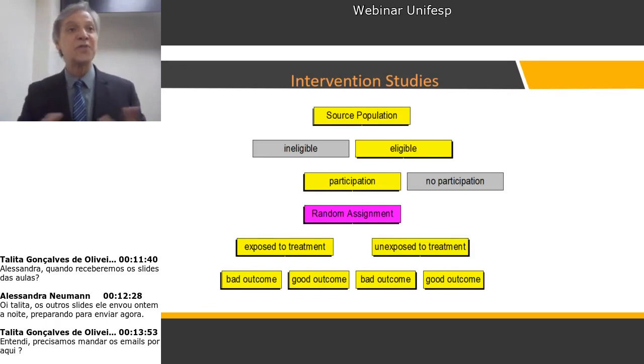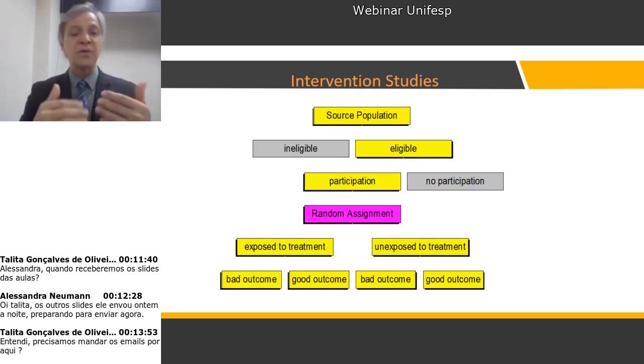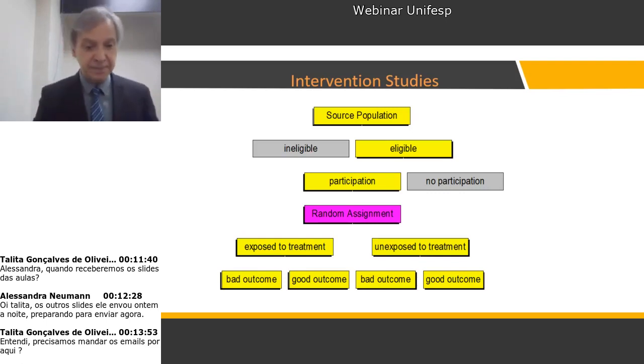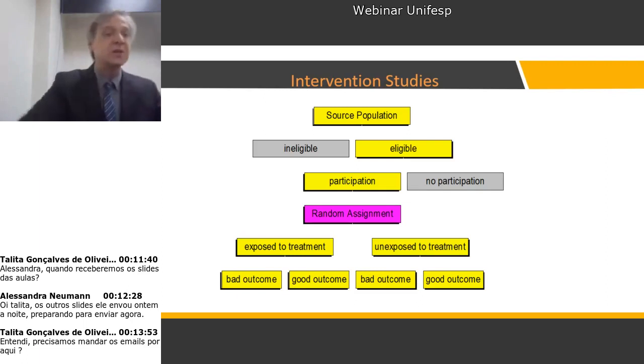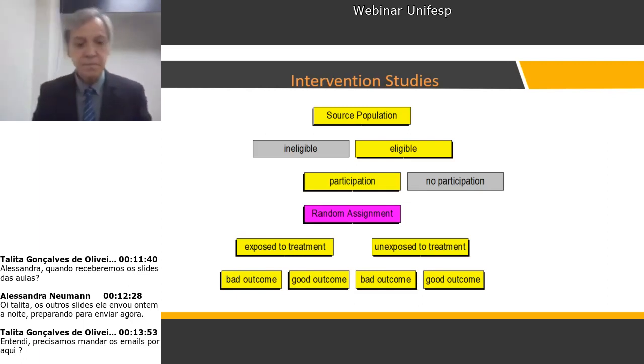So in doing that, you prevent this selection bias and confounding. We're going to deal with that later on when you talk about the analysis. But if you do the randomization before you are certain the people are going to participate in the study, you incur the risk of losing some people after you randomize it. And therefore, you bring the bias back in. So once you randomize them, you have exposed to the treatment, unexposed to the treatment, exposed to intervention, unexposed to intervention.